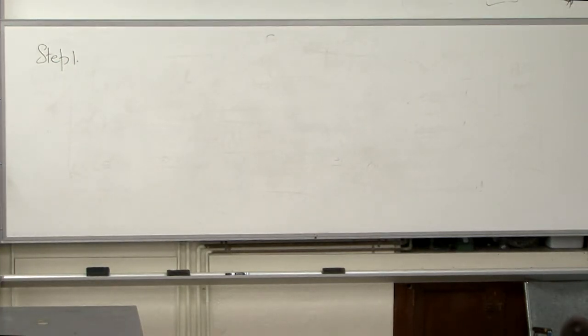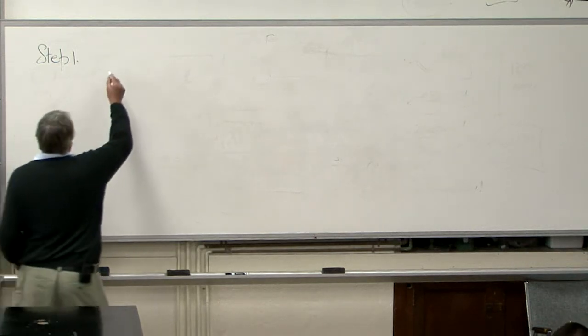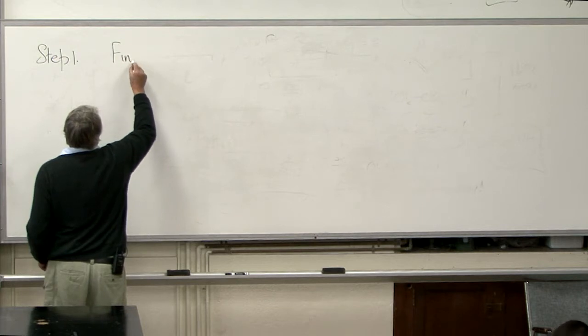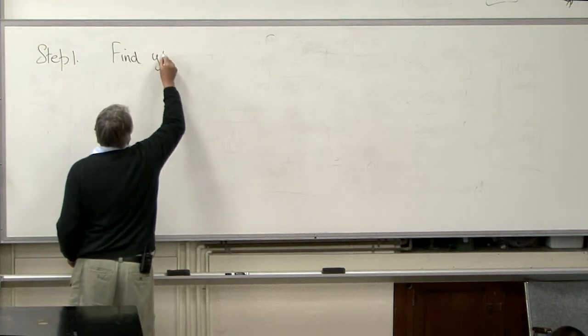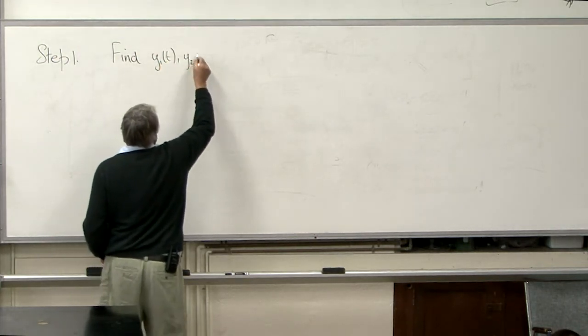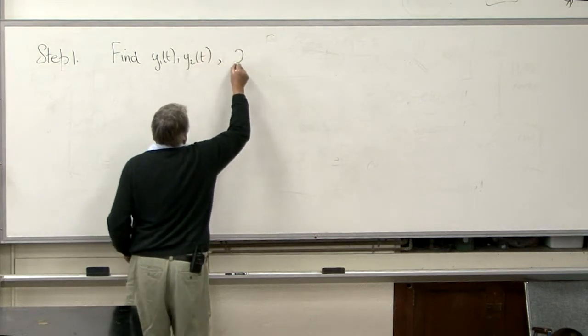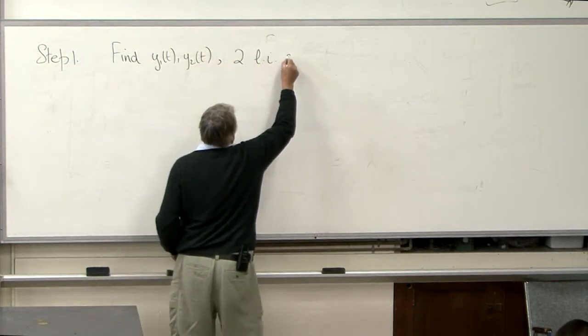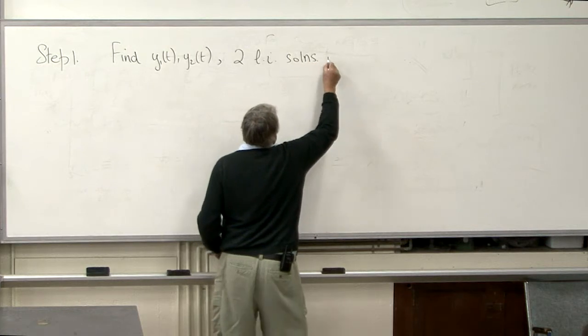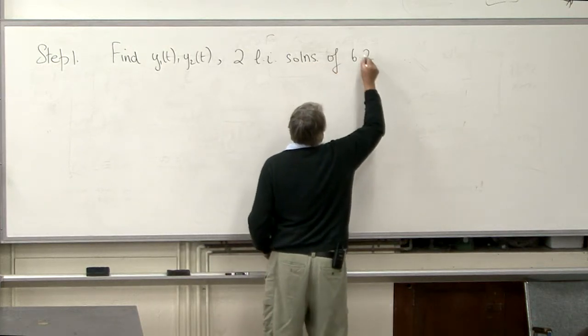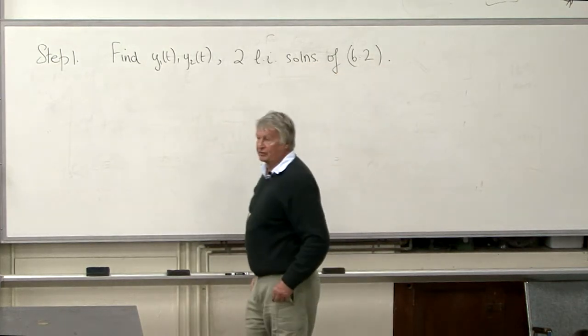The first step is you find two linearly independent solutions of the homogeneous equation. Find y1 of t, y2 of t, two linearly independent solutions of 6-2. That's your first job.